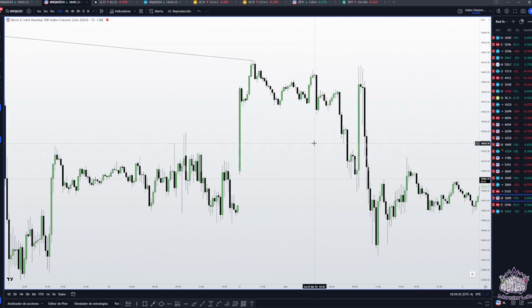So the two expansion moves here, the beginning is here. So it's in the London session, in the two I am candle here.